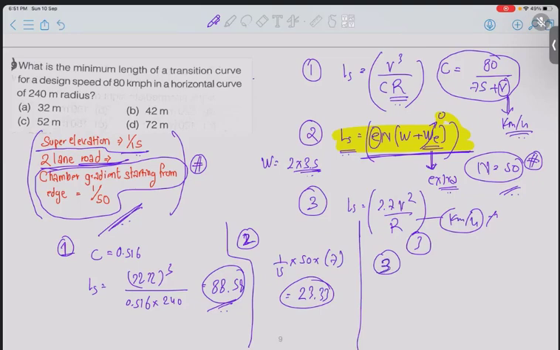Third part is from the empirical formula. 2.7 into V square, that is 80 square divided by R, which is 240, we get 72. So the minimum of these three is actually, my bad. When I was designing this question, I didn't pay attention. The answer has to be the minimum of these three, and because of my addition, the answer would now become 23, which is not the case for this question.